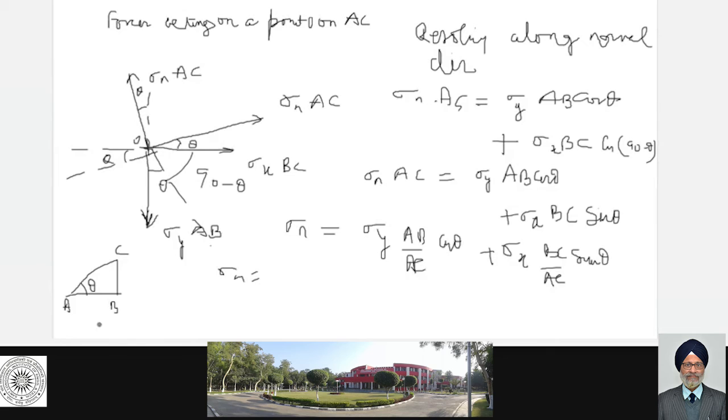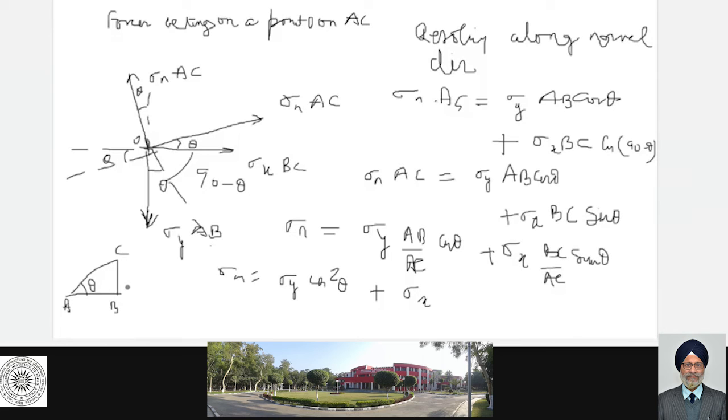So AB upon AC is cos theta. So it will give you sigma y cos square theta plus sigma x BC upon AC.